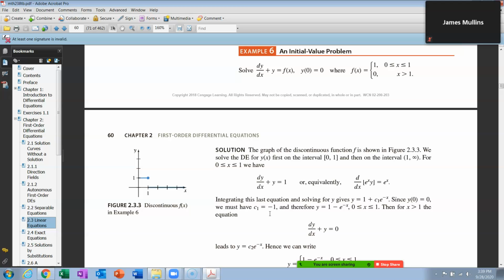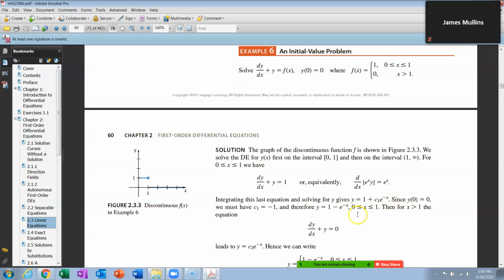My clip has come off. This is such an aggravating thing here. Okay. All right. So solve this for when c1 is minus 1, that's what we were doing. You get y is equal to 1 minus e to the minus x. And that's what we got.